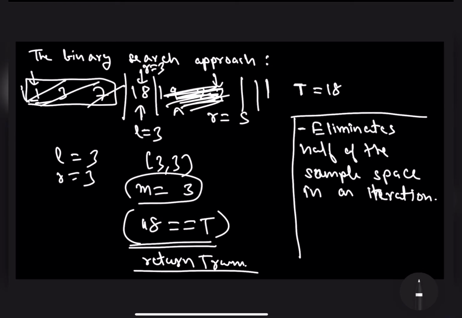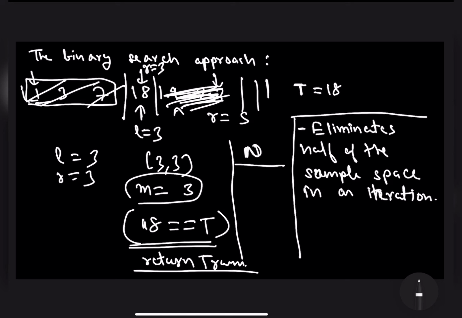So this is how binary search works. Just to sum it up again, at each step you reduce the size of the search space by 2. Let's say that initially the size of the search space was n.